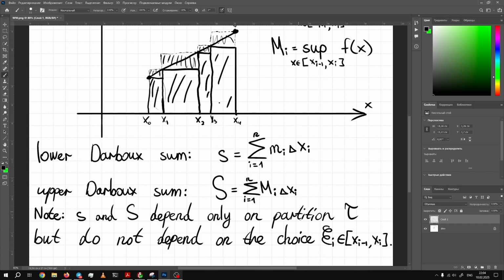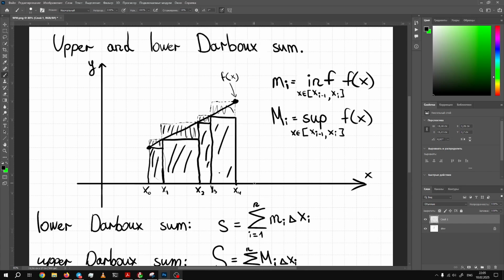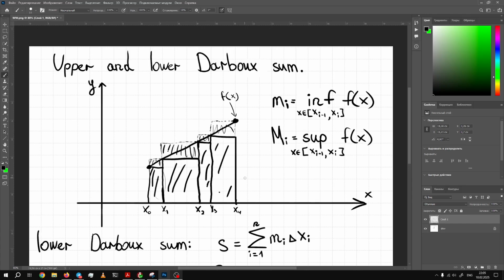So it does not depend, guys. I hope it's clear, especially on this graph, because without it it's quite hard to understand. But if you look at this, it's clear for you now.